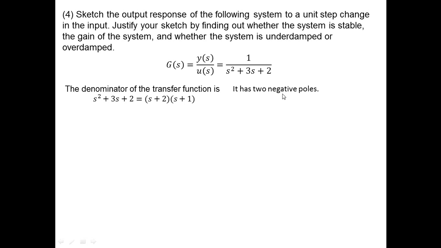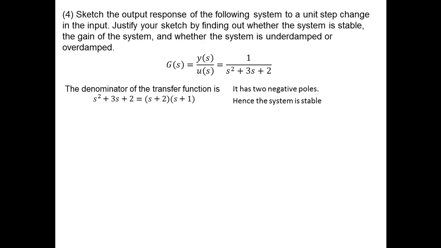So we have two negative poles, both in the left hand side, so the system is stable. And again, keep in your mind, if all roots of our transfer function are in the left hand side of the complex plane, the system is stable. If we have even one positive root in the right hand side of the complex plane, the system is unstable.